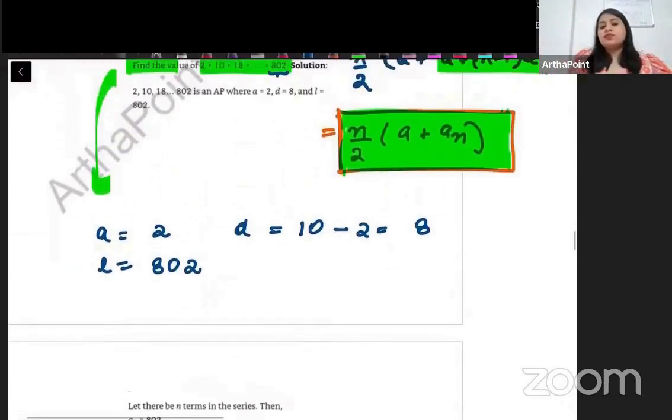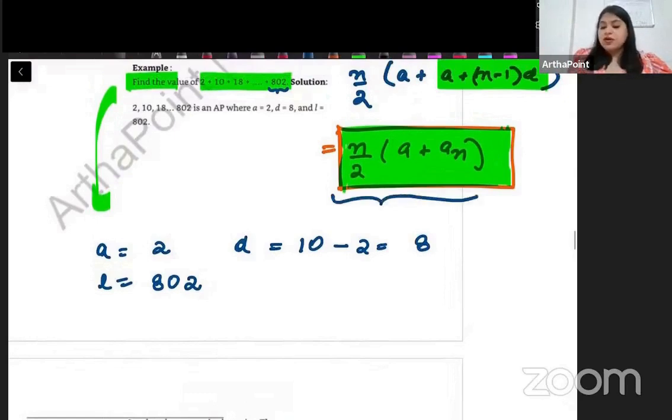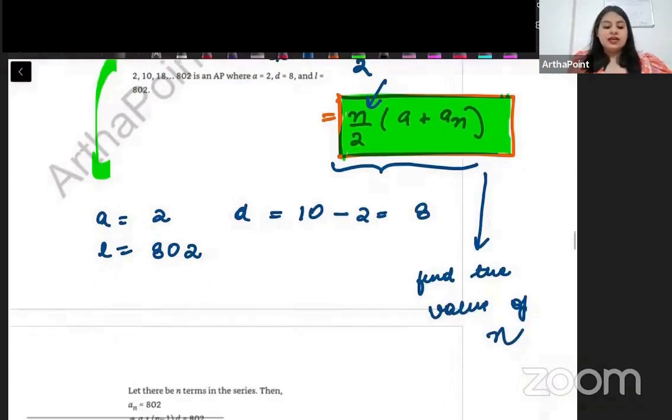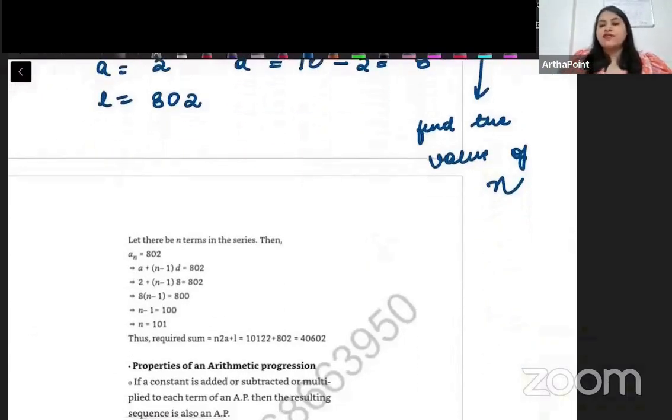But beta, in order to find the sum, I should be able to find the value of n. For finding the sum, I need this n. How can I find this n? Well, I know that the nth term is 802.